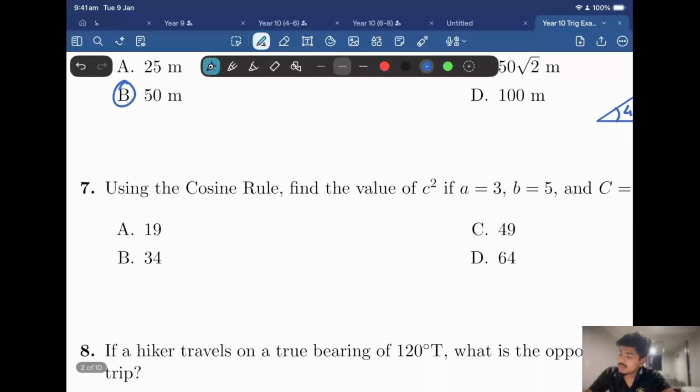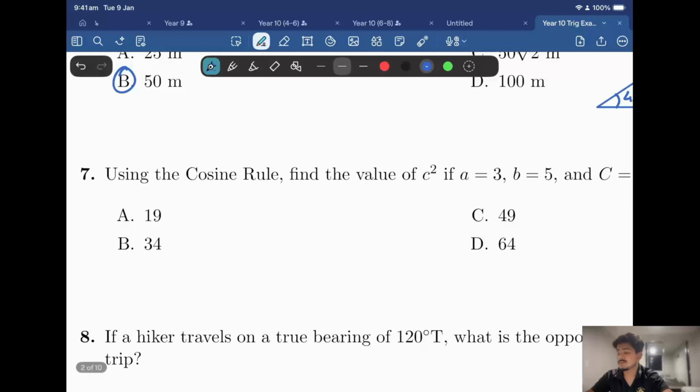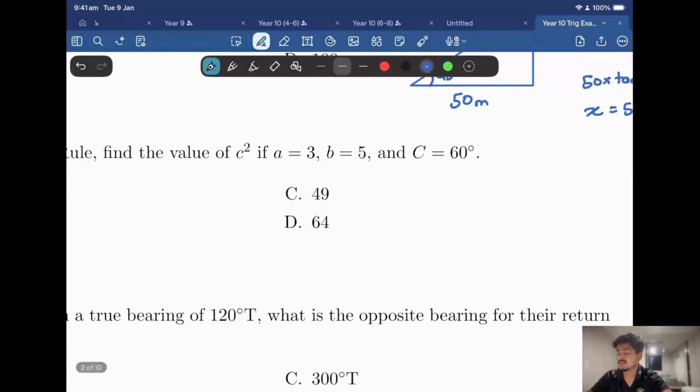Okay, using the cosine rule, find the value of c squared if a is equal to 3, b is equal to 5, and C is equal to 60.